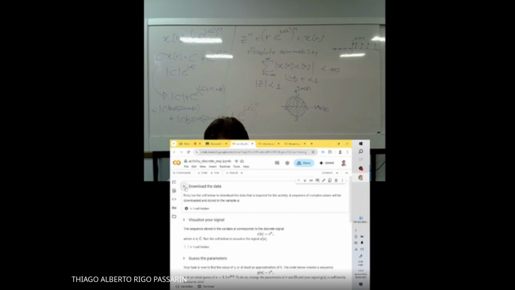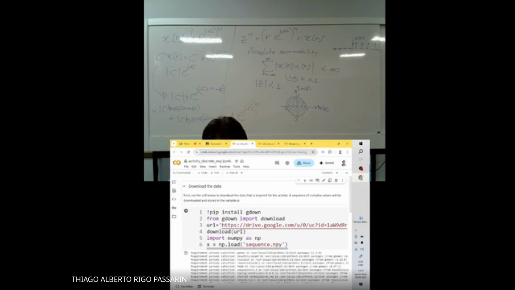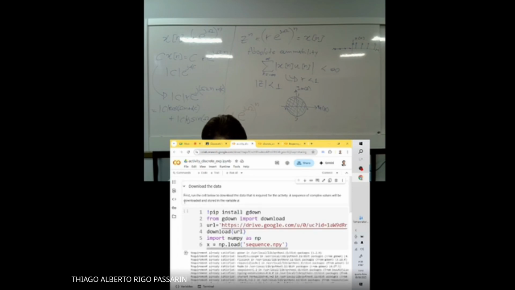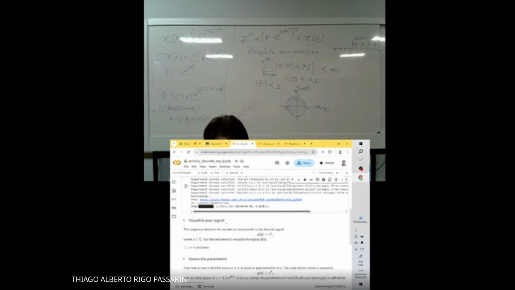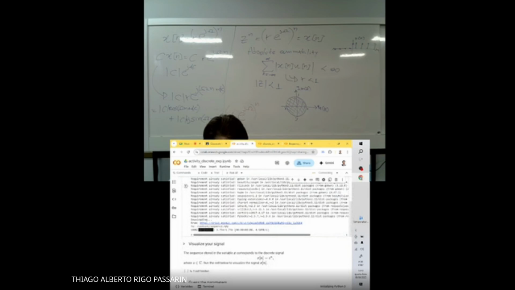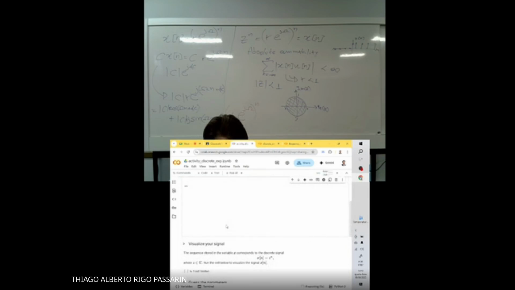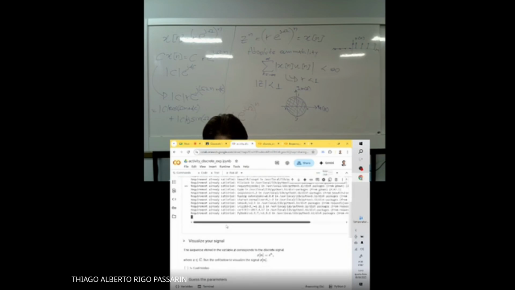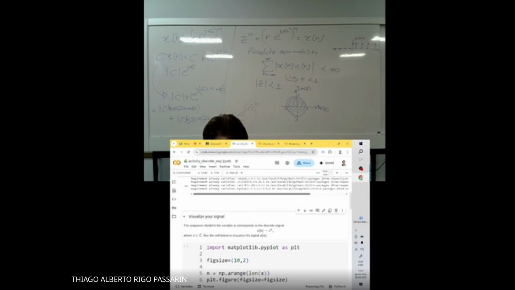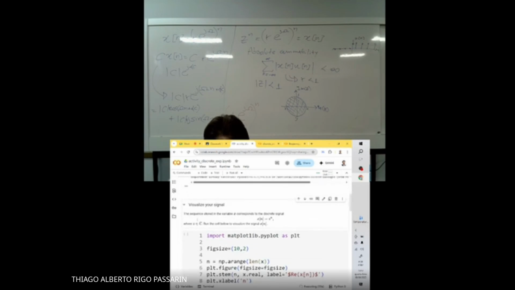You download the data. I'm using the very useful GDown package here. So I'm downloading from my Google Drive. You will download a sequence. You will visualize the sequence.